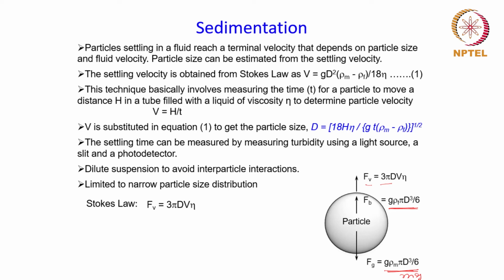So when the terminal velocity is reached, the forces acting on the particle will be balanced. That means the forces acting upwards will balance the forces acting downward, which means that Fv and Fb, the frictional drag force and the buoyancy, will be balanced by the gravitational force Fg, right? And from this we can derive an expression for v.